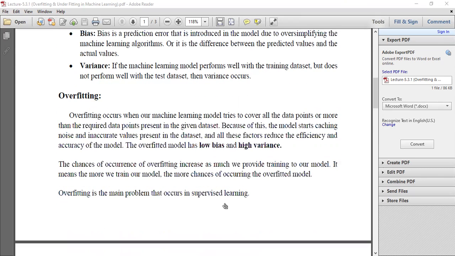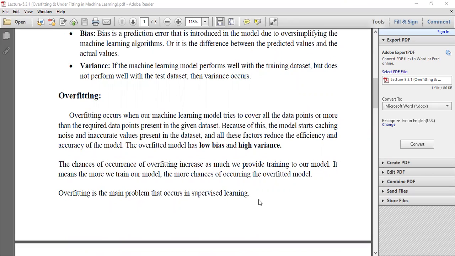So now, what is overfitting? Overfitting occurs when our machine learning model tries to cover all the data points, or more than the required data points, present in the given data set. Because of this, the model starts capturing noise and inaccurate values present in the data set.